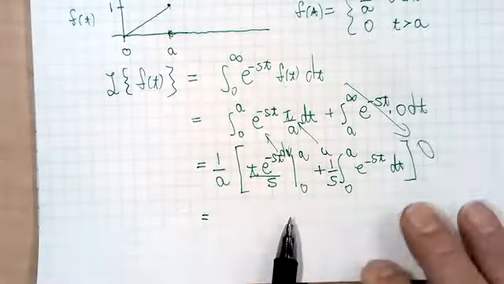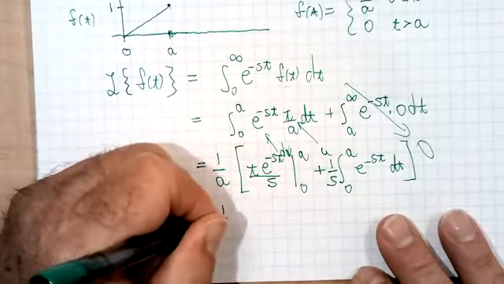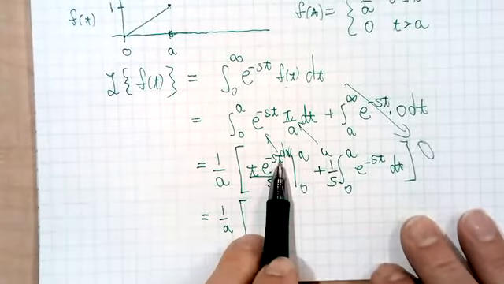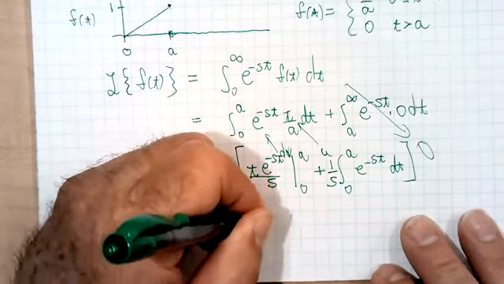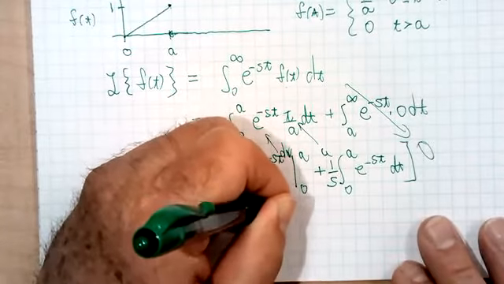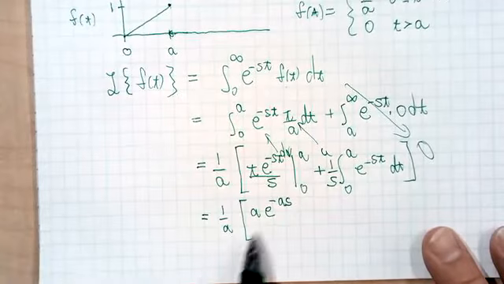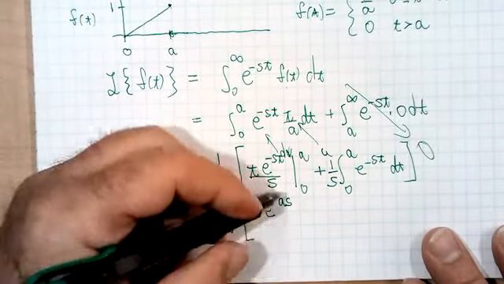That's messy, but I think we can figure it out. When you plug in the a here for t, you get a e to the minus as, all over s.